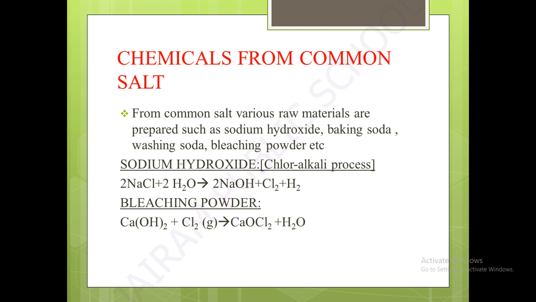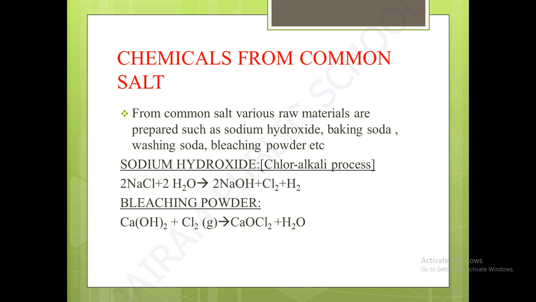We are going to do this with the help of a small experiment. This process is otherwise called the chlor-alkali process, that is, chlorine and alkali are produced in this process. Here we are taking a beaker with an aqueous solution of sodium chloride, otherwise called brine solution, and we pass electricity through that solution.